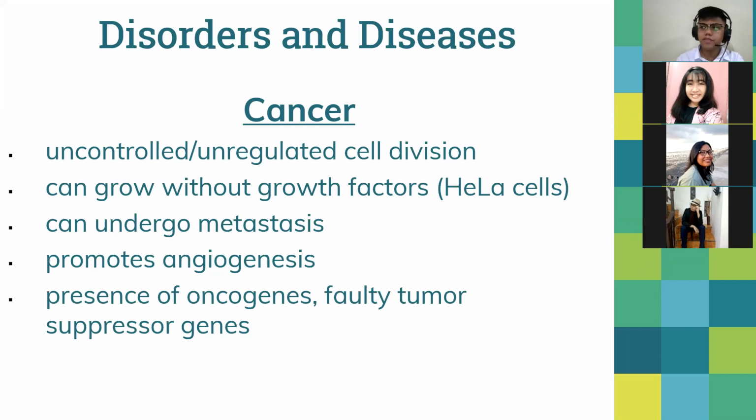Because cancer cells are very voracious. Kumbaga gusto nila madami silang nutrients, madami silang food. So in order for the tumor to grow more, it promotes the formation of blood vessels para magkaroon siya ng constant supply of nutrients and oxygen.